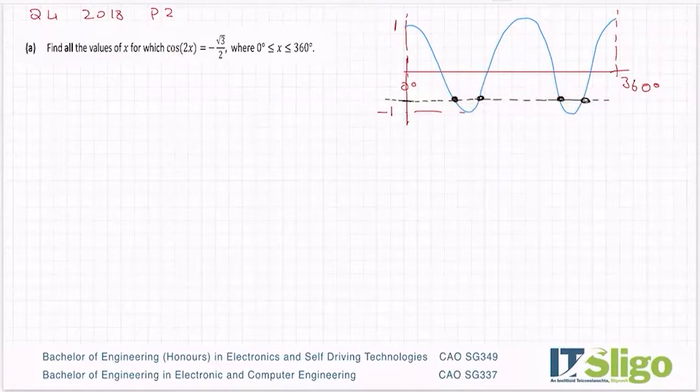Unless it's a special angle, and a special angle is where it crosses the x-axis, generally you'll have 4 answers for this. You'll have twice as many as the value in front of x, okay? Because the value in front of x tells you how many cycles you have, and typically you have 2 parts on a trig curve for the same value, once when it's going down, once when it's coming up.